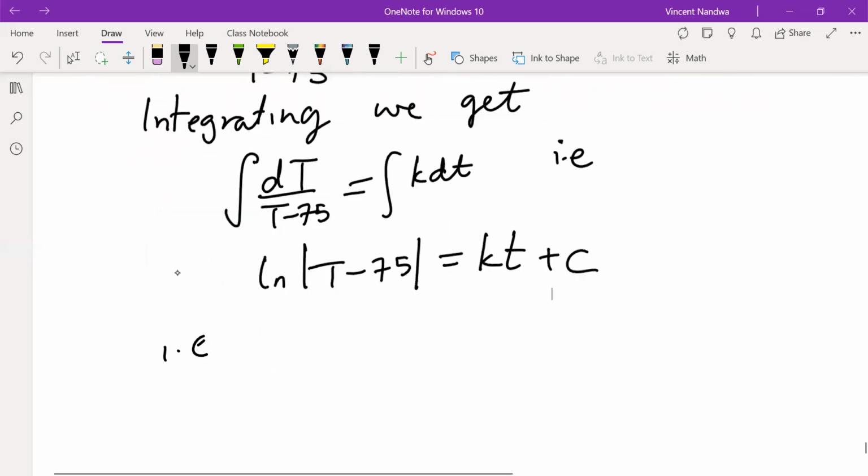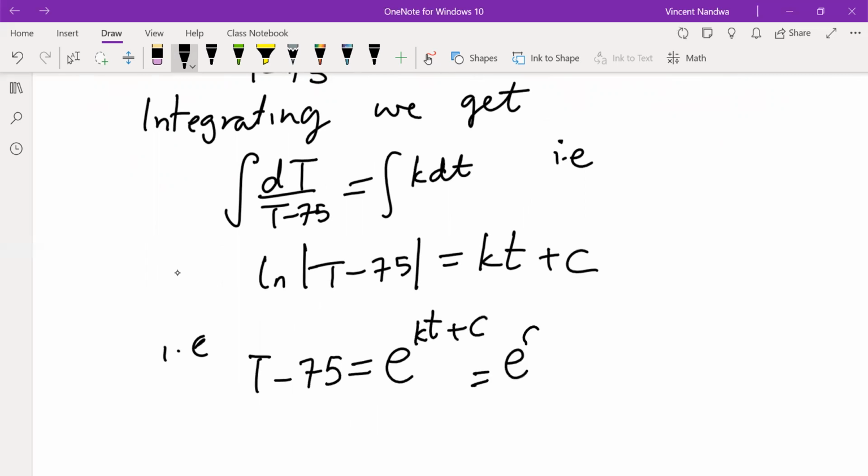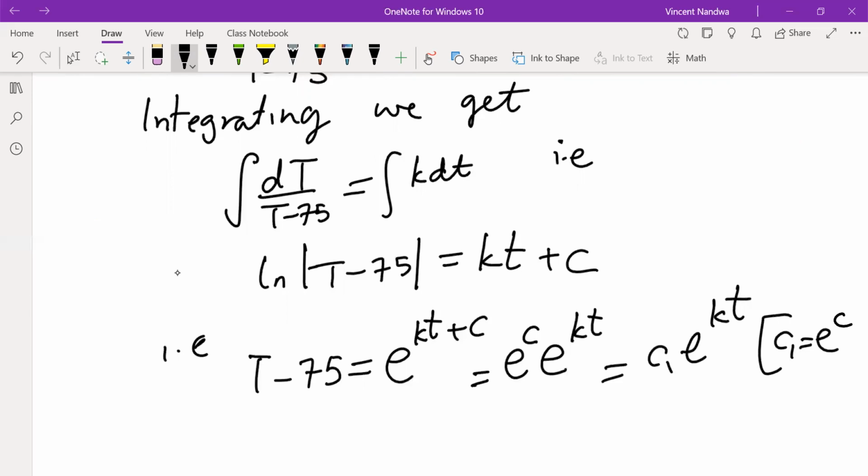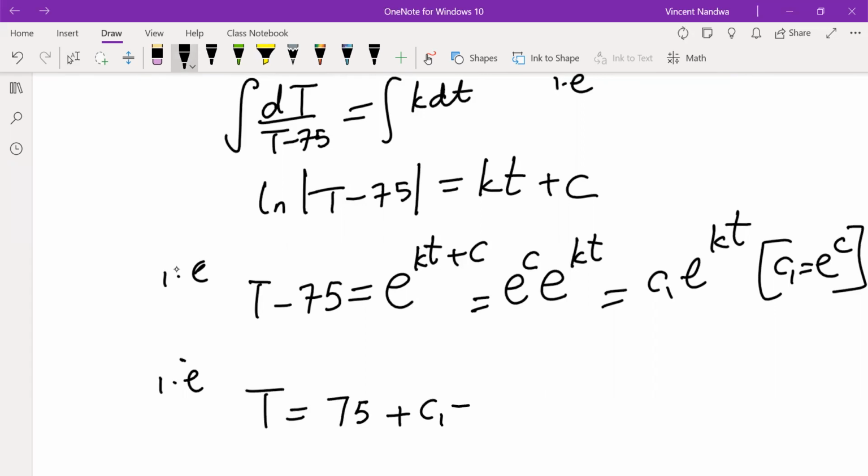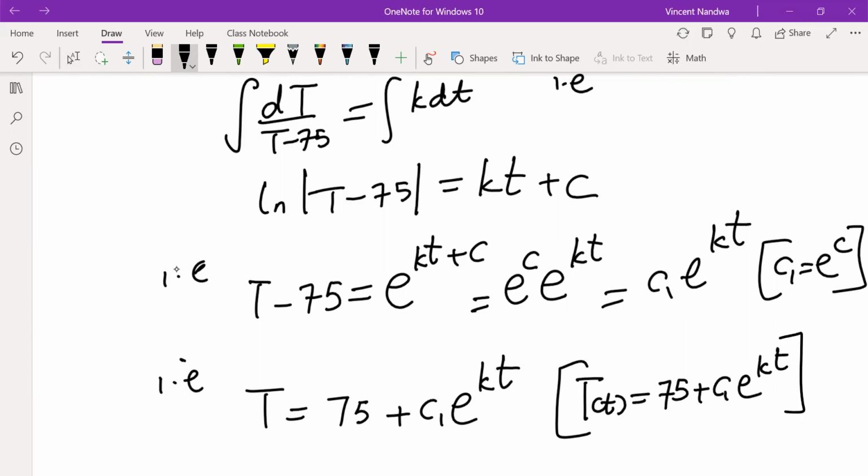Exponentiating both sides, we have T minus 75 equals e raised power (kt plus c), which is e raised power c times e raised power kt, which is c1 e raised power kt. Remember c1 is e raised power c, just another constant. So T is 75 plus c1 e raised power kt, or T of t equals 75 plus c1 e raised power kt.